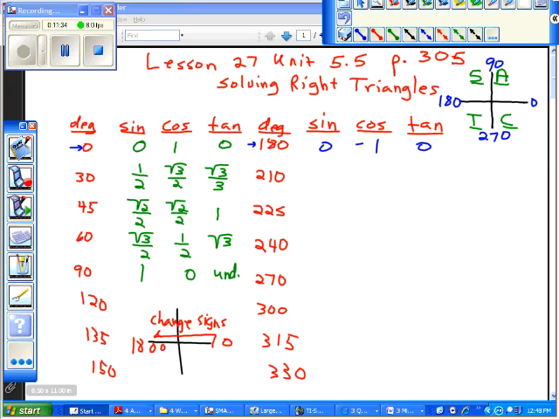Now, let's skip down to 270 since we're on quadrantal angles, and let's deal with another quadrantal angle. We've got 90 here and 270 here. If we go from here to here, we change the sign.